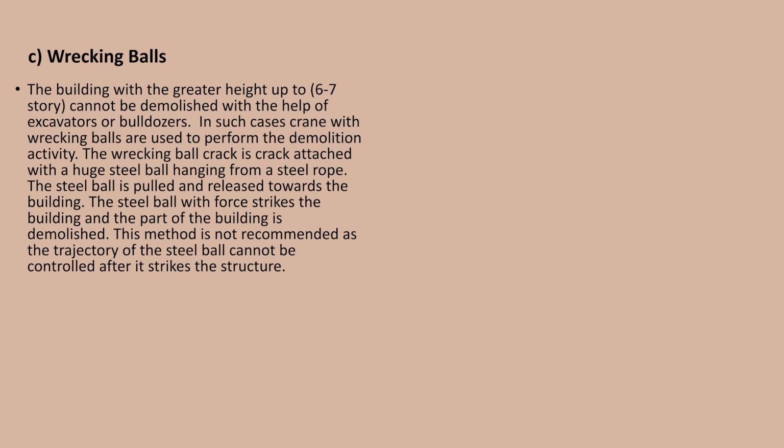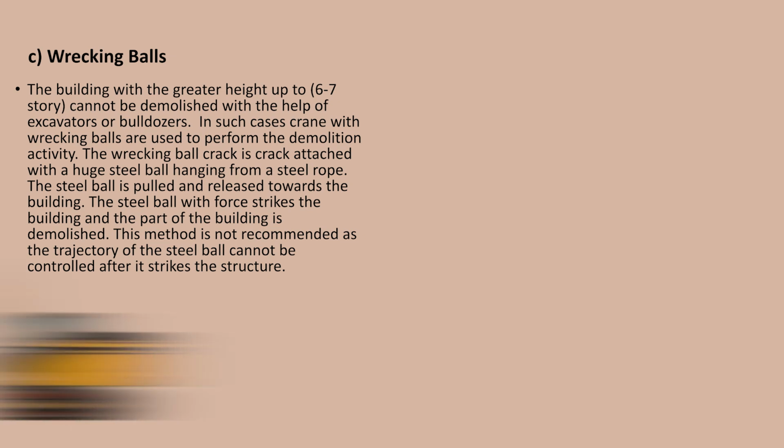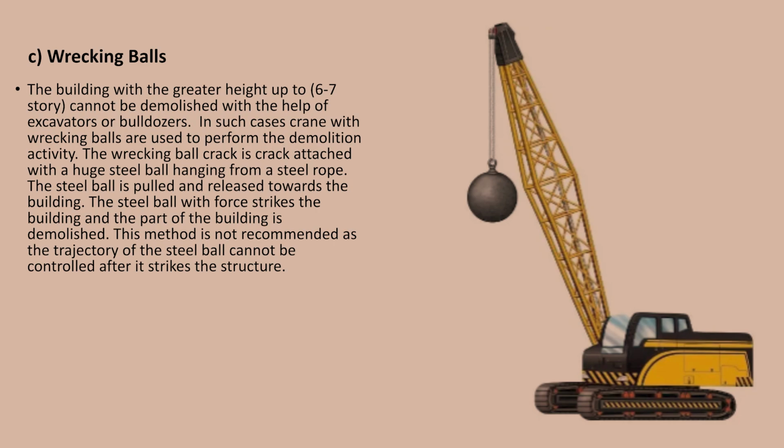The steel ball is pulled and released towards the building. The steel ball strikes the building with force and parts of the building are demolished. This method is not recommended as the trajectory of the steel ball cannot be controlled after it strikes the structure. Here is the diagram of the wrecking ball structure.